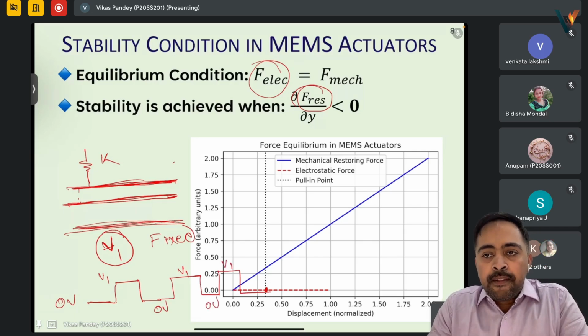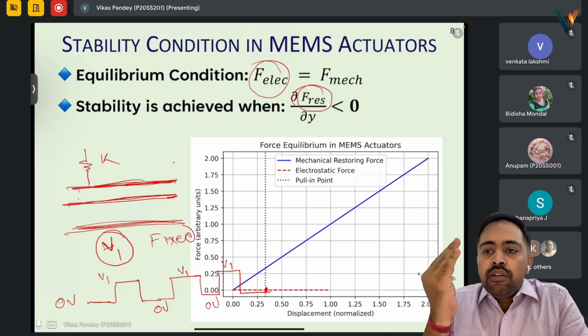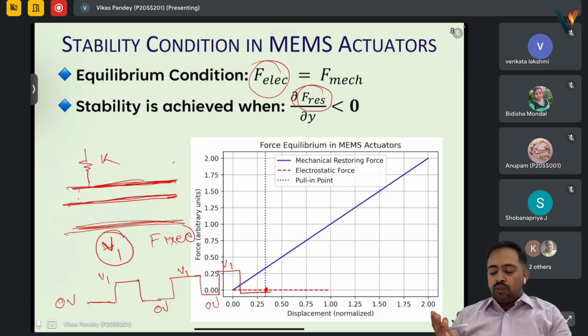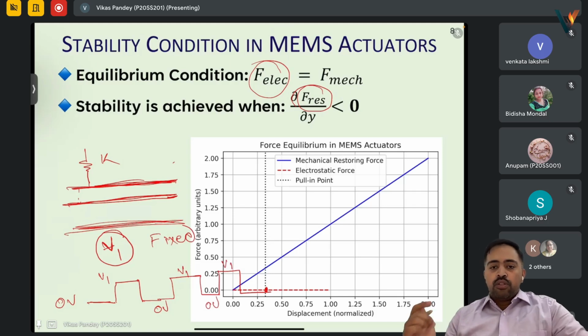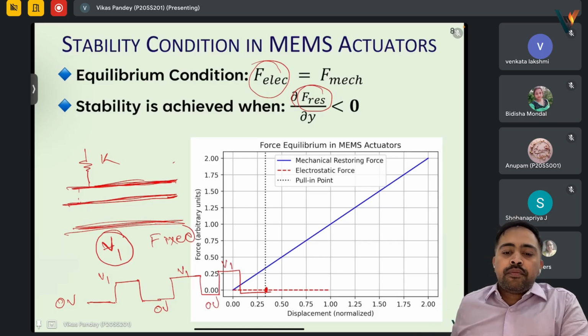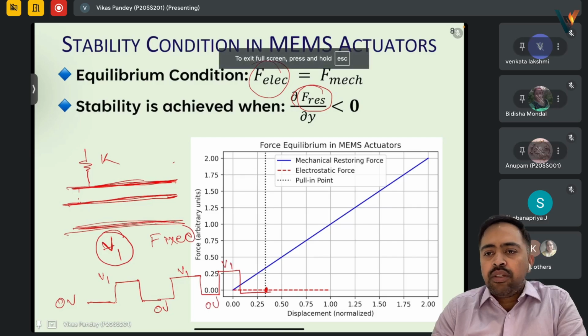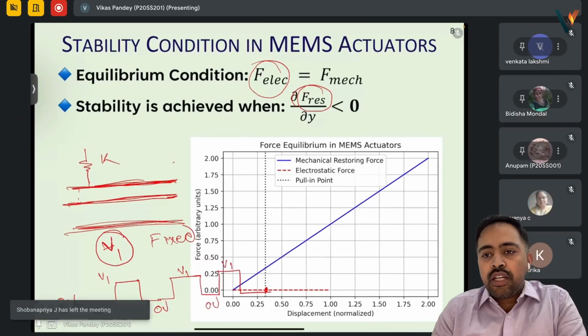Let's assume only two levels of voltage, 0 and V1, or say 5 or 2 volt, whatever is the value of V1. So what will happen in this case? Any guesses? Yes, anyone can speak. There is no restriction.